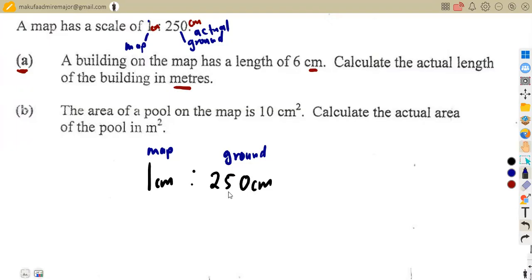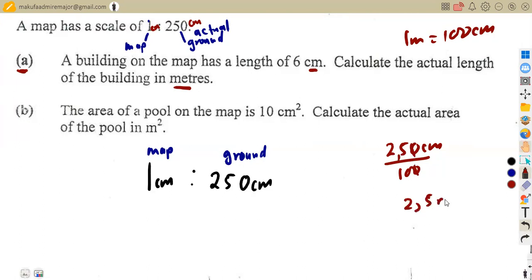We are seeing 250 centimeters, but what is the equivalence of 250 centimeters? We can convert this to meters. We can divide by 100, since 1 meter is equal to 100 centimeters. That's going to be 2,5 meters.